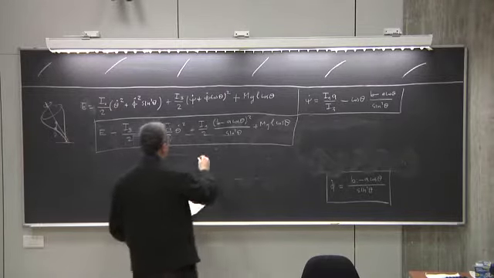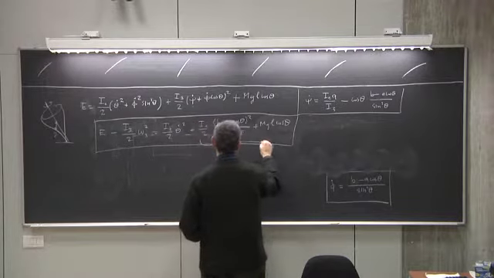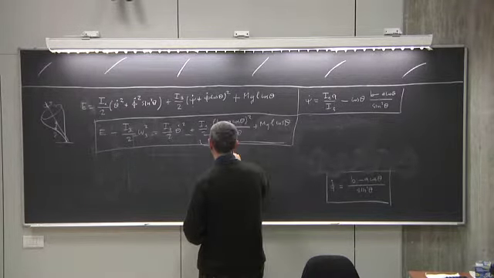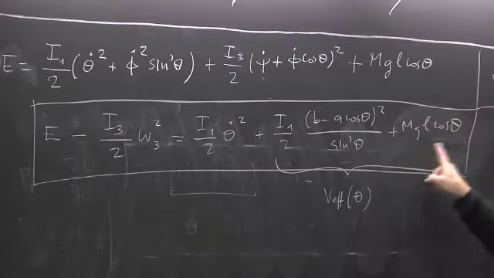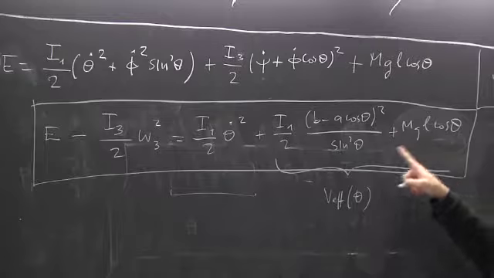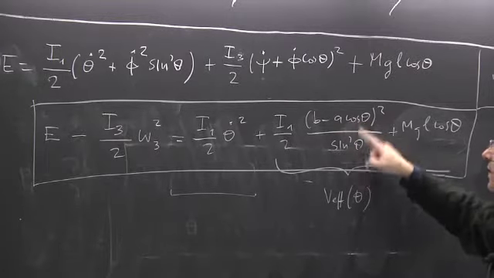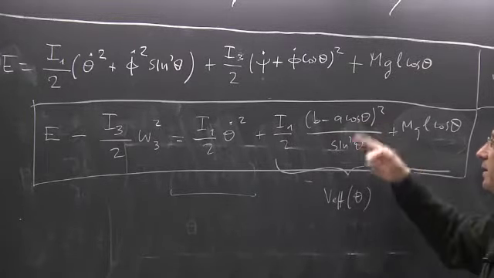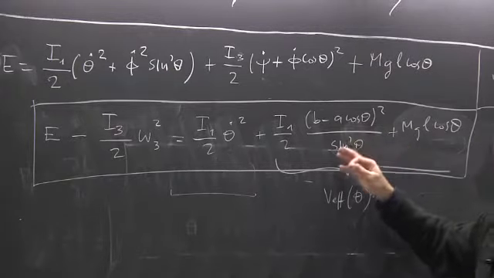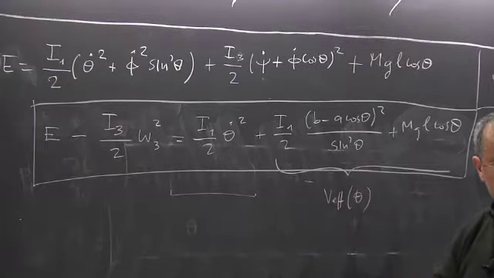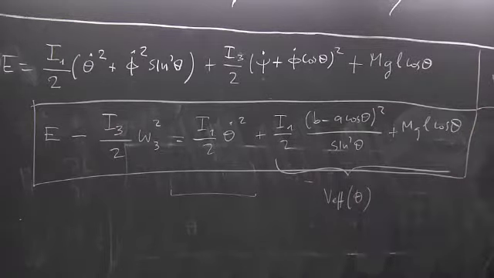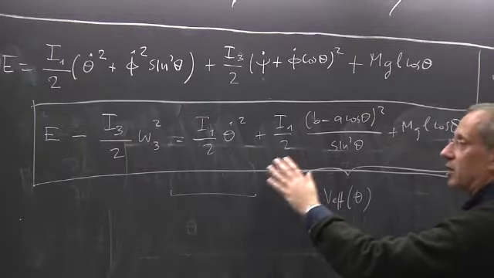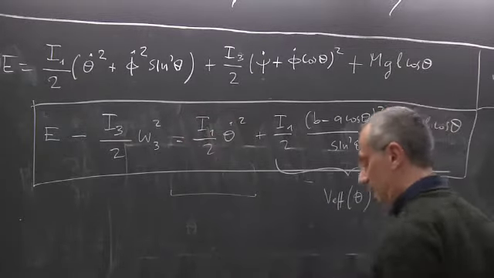What I'm saying is this part here looks to me like an effective potential of this variable theta, right? Because this is the actual potential, and here you have an extra term that depends on theta that you have to take into account if you want to discuss the motion, right? Remember, in the Kepler problem it was that term proportional to the angular momentum, right? So this part is the effective potential, and this is like the kinetic energy, right?